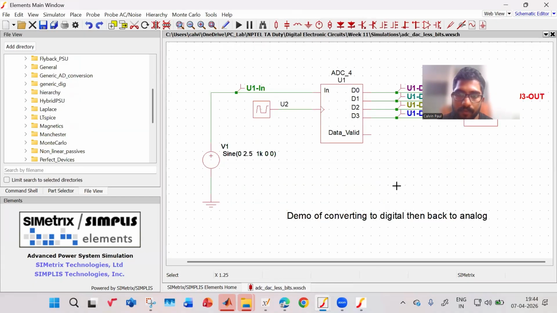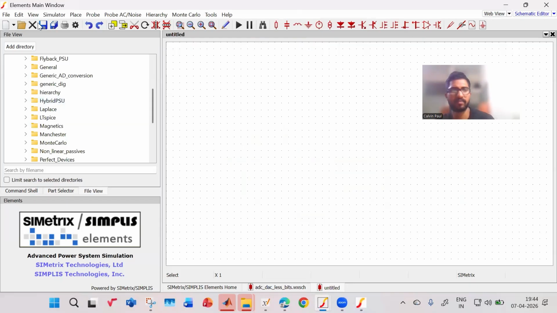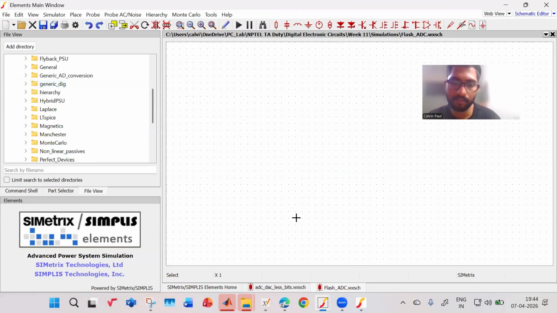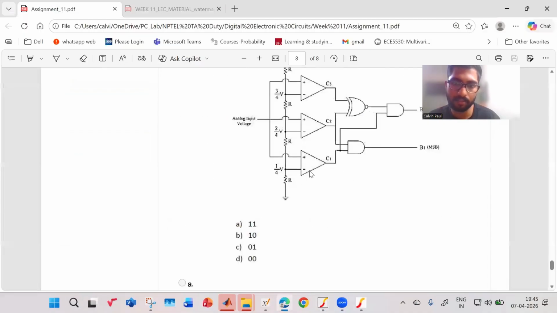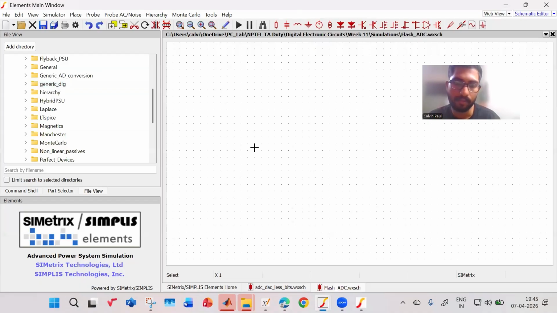Let's try making a new Simetrix schematic. Let us save it as Flash ADC. Okay. So let us use this circuit. So we have a reference of 5 volt.